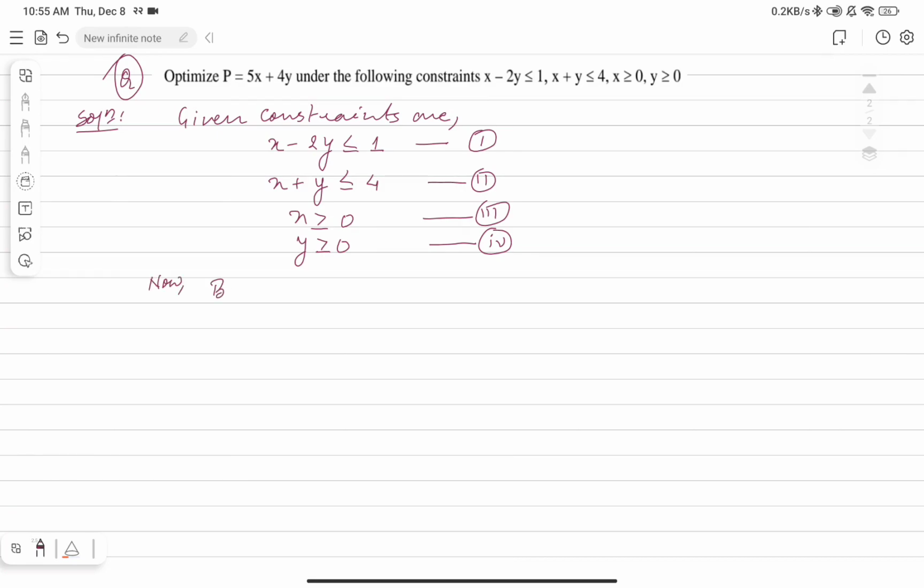To plot them in a graph, first we need to find the boundary lines. The boundary line equation for inequality 1 is x minus 2y equals 1. To plot this line in a graph, we need at least 2 points. Let's find those 2 points.